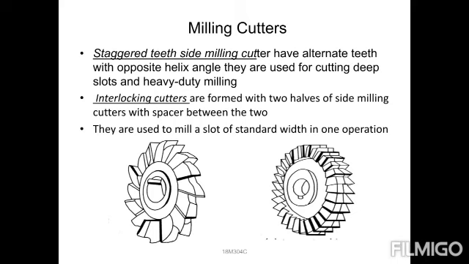Next one is the interlocking type of cutters, which are formed from two halves. The two half side cutters can be placed together as a single cutter. They are used to mill slots and stand within one operation.